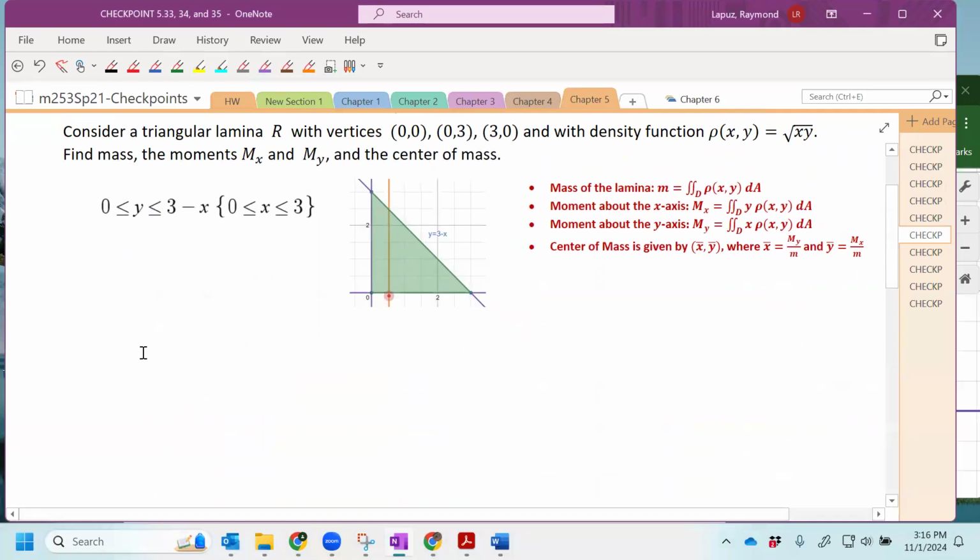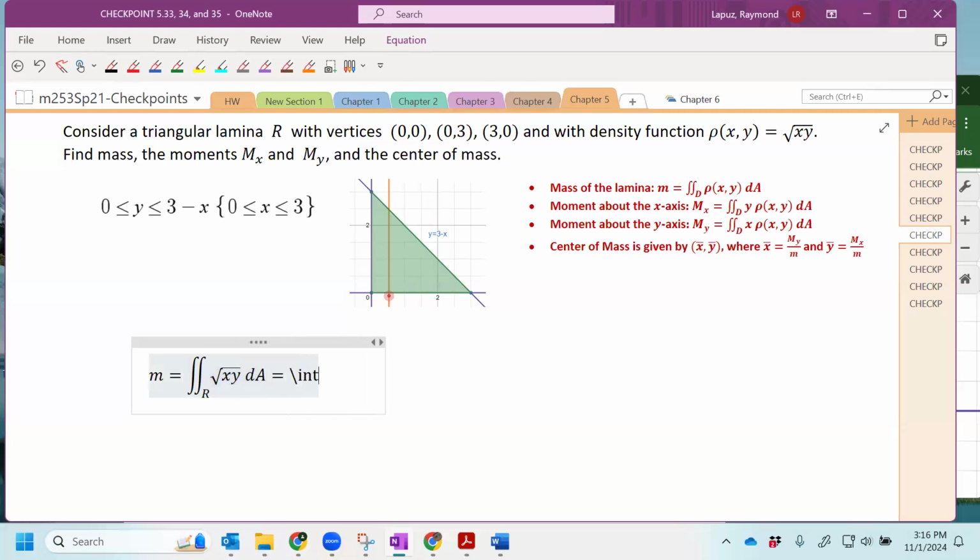In general, we're looking for the mass here, and according to the formula, that's the double integral over your region R of your rho, which is the square root of x times y, dA. And now we're going to see how we're going to write that as an iterated integral.